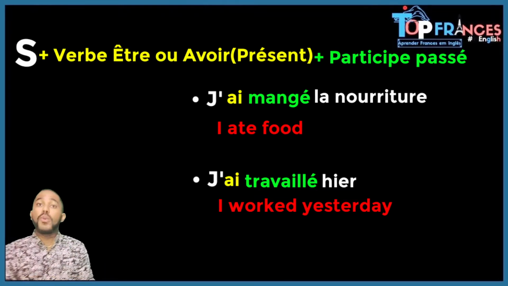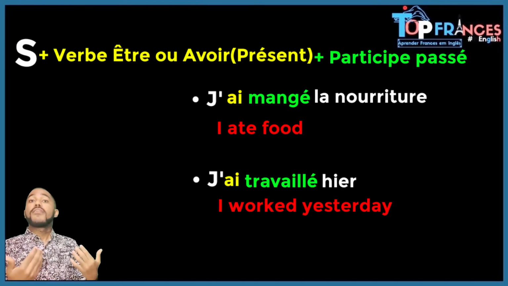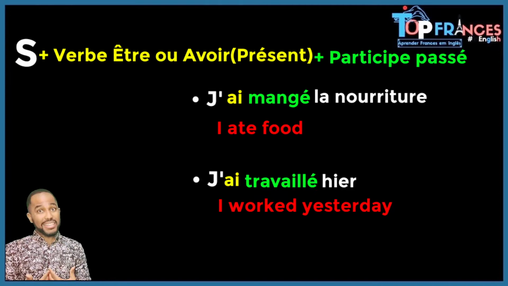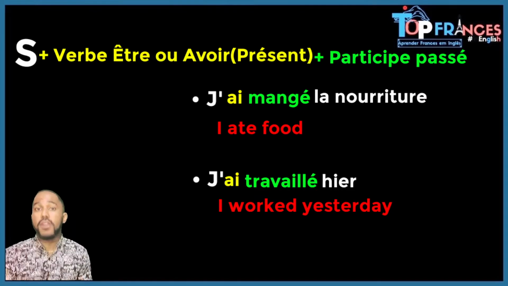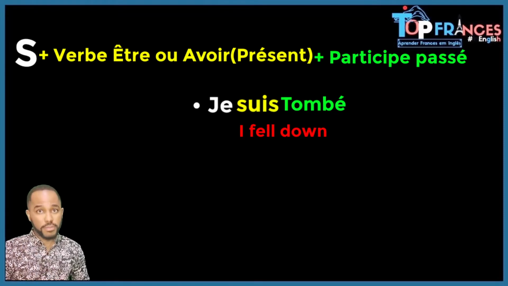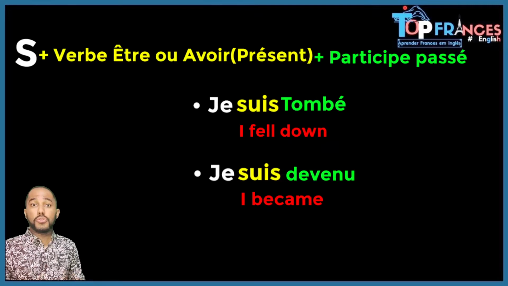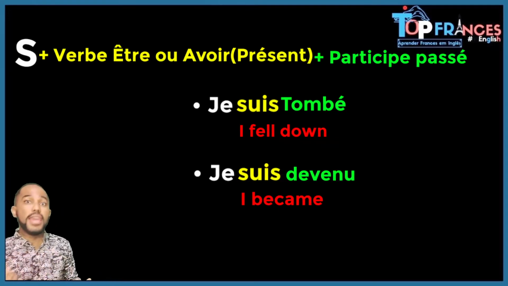But now, we also have some verbs that use the verb être as an auxiliary verb. For example, je suis tombé. It's still the passé composé. Je suis devenu. Je suis monté. Tu es monté.